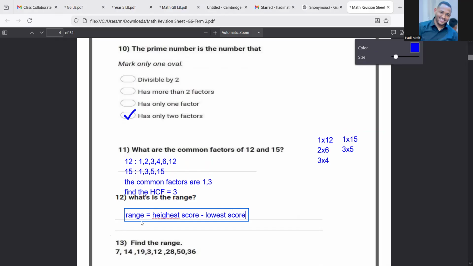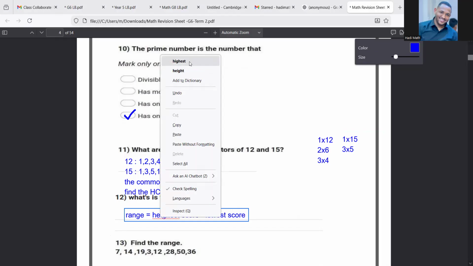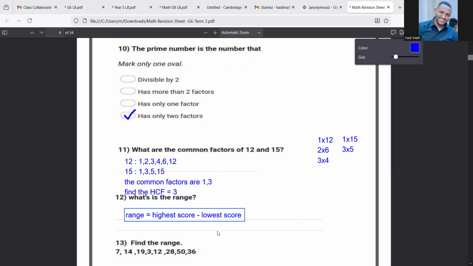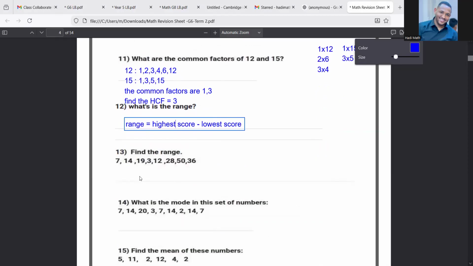Okay, go and check what is the highest score and what is the lowest score and subtract them from each other. They ask you to find the range. I'll apply the rule above. Highest score, this is 7, 40, 19, 3, no, 50. 50 is the highest score. Minus the lowest score. The lowest score, 7 is lowest, 14, 19, 3, 3 is lowest. 50 minus 3, and that's equal to 47.